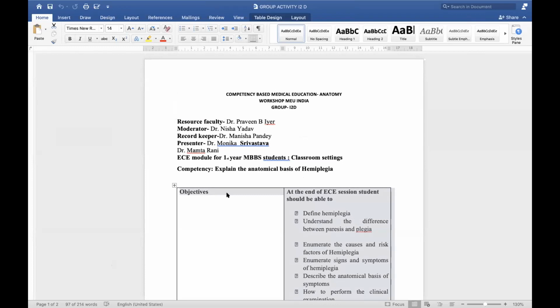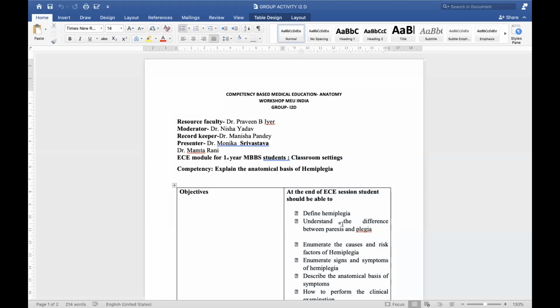Our objectives are, at the end of the session, a student should be able to define hemiplegia, understand the difference between paresis and plegia, enumerate the causes and the risk factors of hemiplegia, enumerate signs and symptoms of hemiplegia, and describe the anatomical basis of the symptoms.